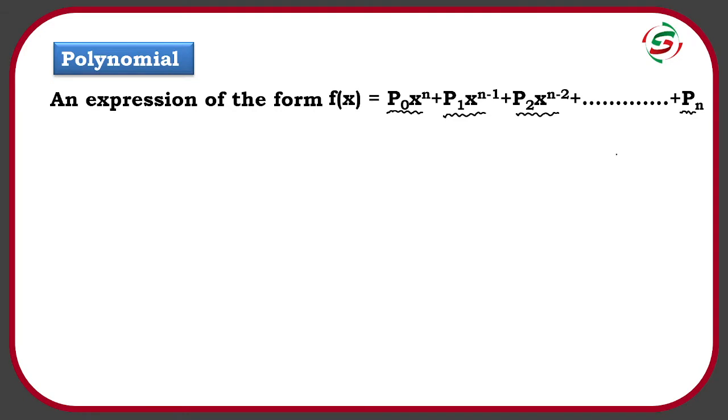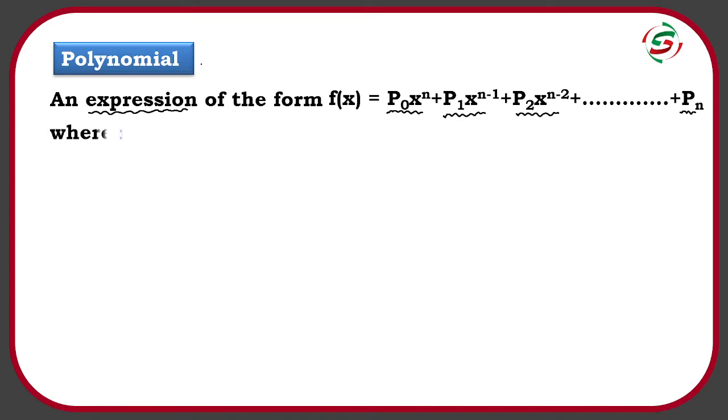Or it is said to be an expression of the form p naught x to the power of n plus p1 x to the power of n minus 1 plus p2 x to the power of n minus 2 plus so on to plus pn is called polynomial.